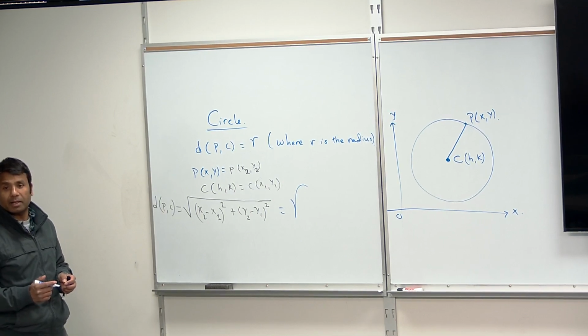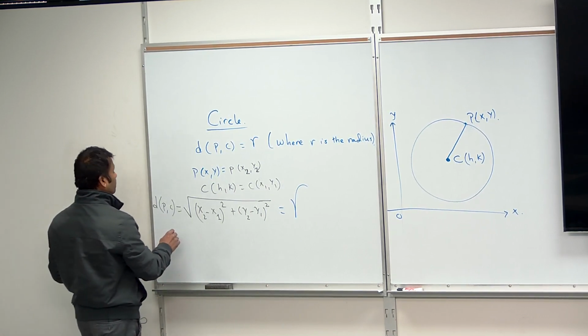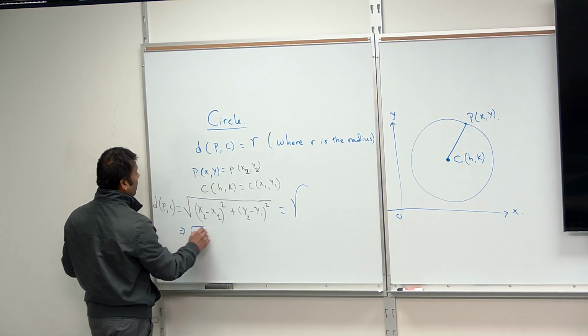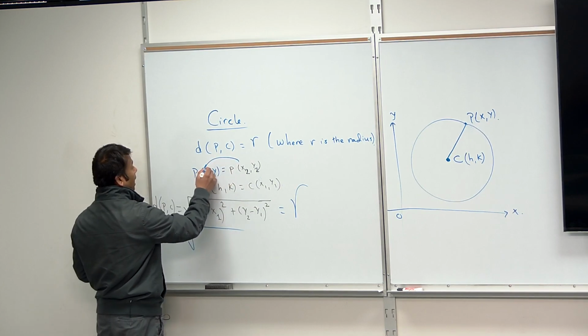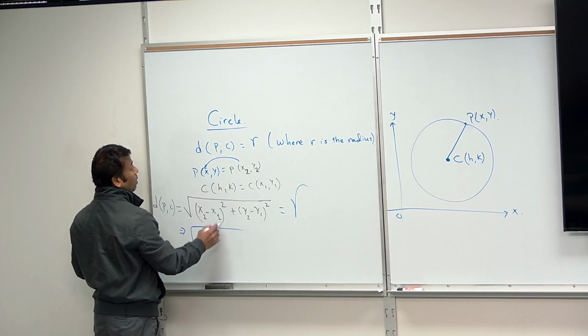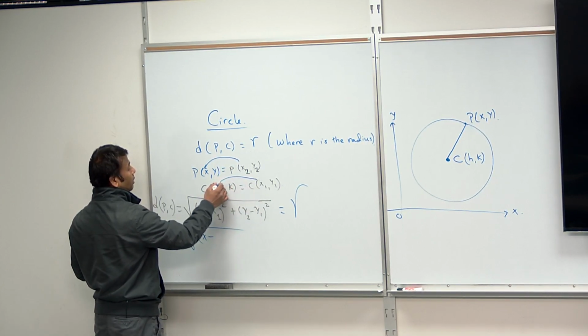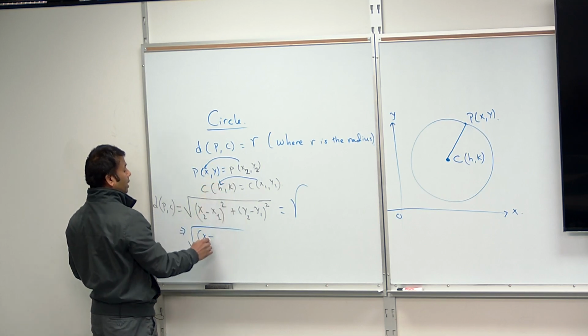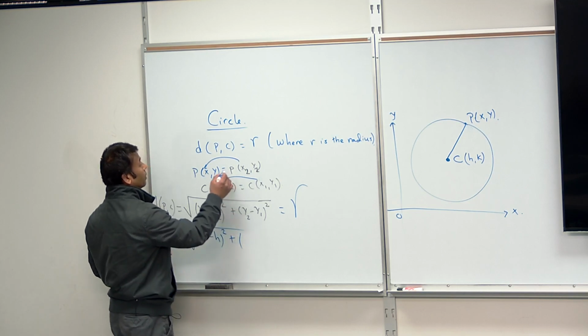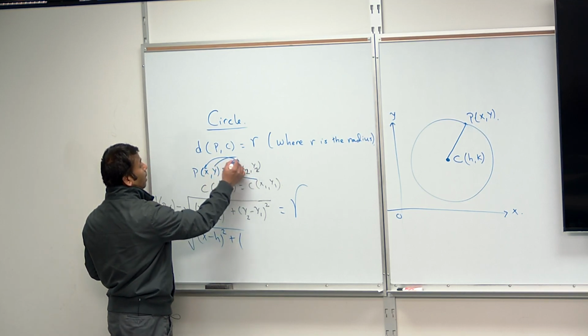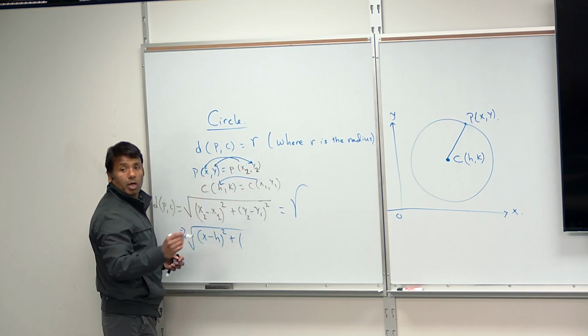You know that, right? So now, this is a radical. What is your x2? Your x2 is x. And what is your x1? Your x1 is h. So (x minus h) square plus, what is your y2? Your y2 is y, right?